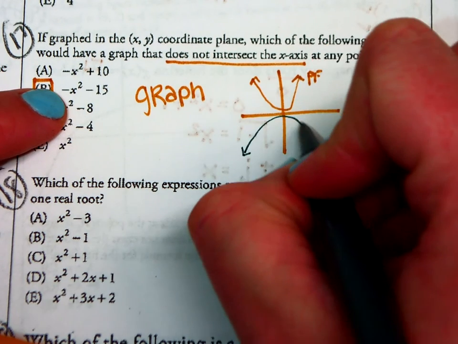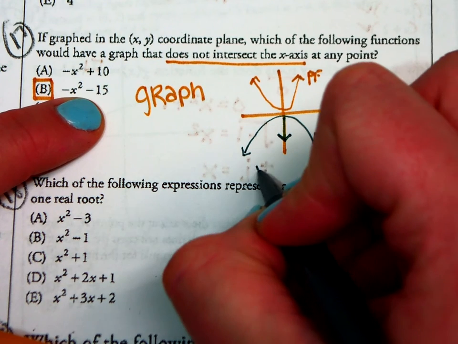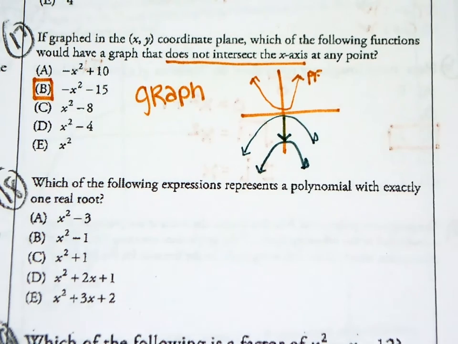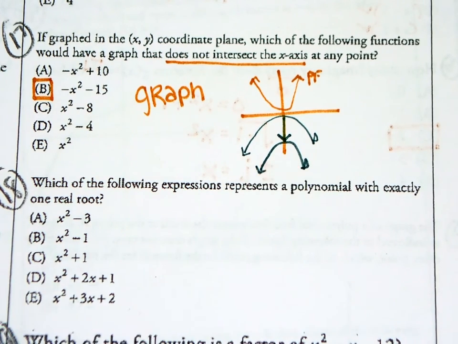So it's going to flip it this direction, and then it's going to go down 15. So it's going to kind of be like this. This is the final graph, and that is definitely not touching the x-axis. So you could use function transformations, or you could graph, depending on how you would like to do these problems. It's completely up to you how you do them, whatever is easier, whatever you're more comfortable with.